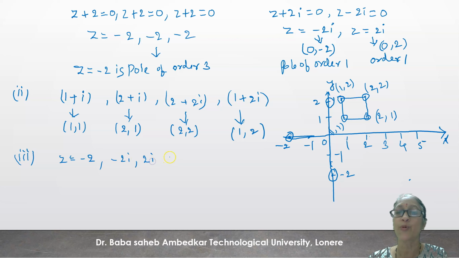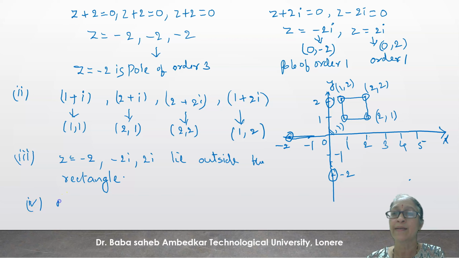All these three poles lie outside the rectangle. If they lie outside this curve, then what about the integral? Then by Cauchy's integral theorem, what will be the value of this? 0. Integral is 0.